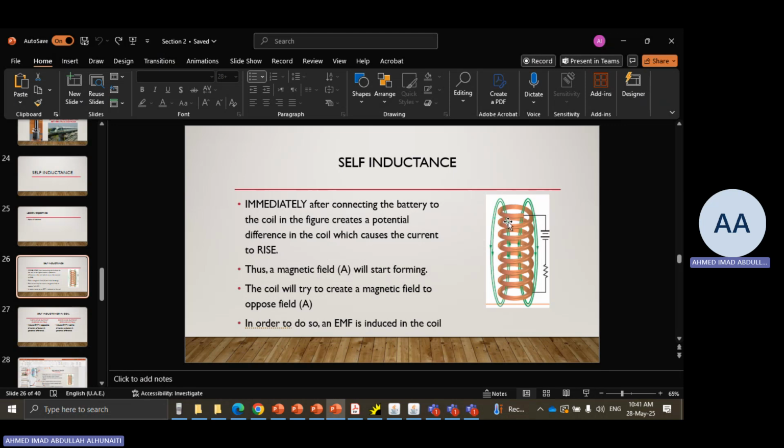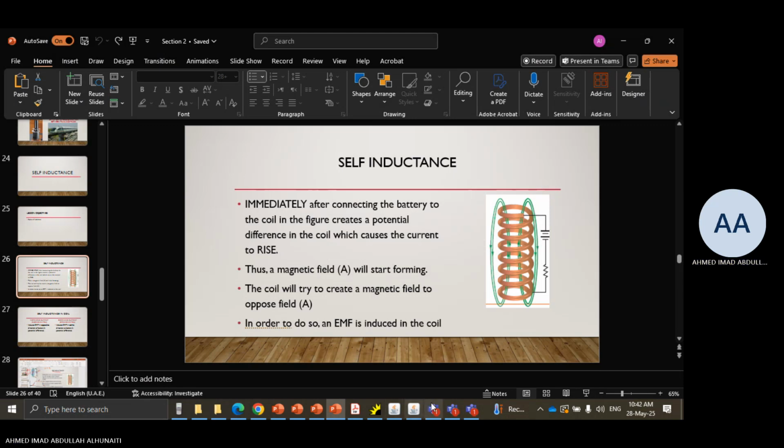This relative motion of wire and magnetic field will cause an EMF to be induced. Now, this EMF, according to Lenz's law, will always be in a way that it opposes the process which created the magnetic field. So let's say that again.